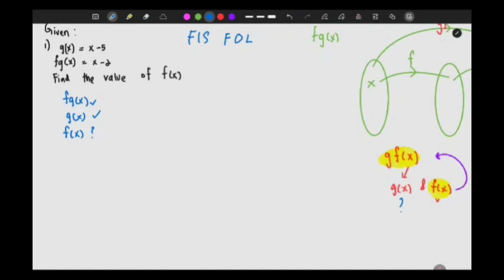So the F here stands for function inside, and the S here stands for substitute. Let me write down: function inside, the S stands for substitute, FIS.